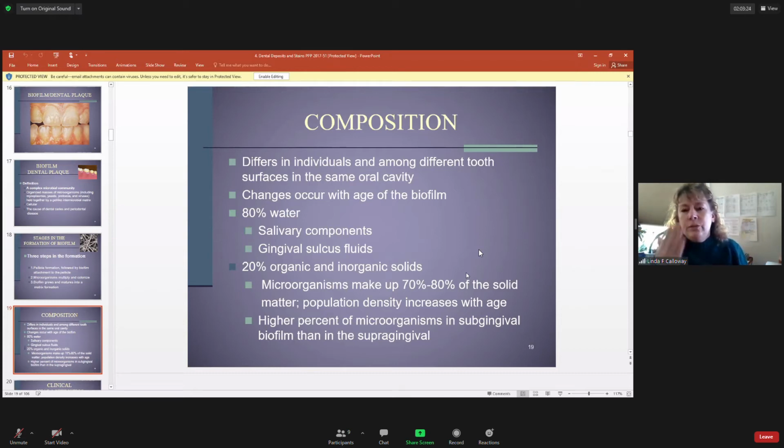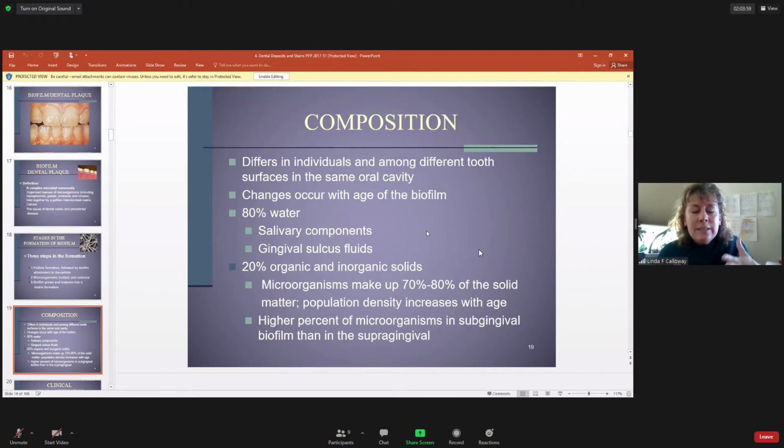The higher percent of microorganisms is in subgingival biofilm than in supragingival. So once you go subgingival and you're looking at biofilm, the percent of microorganisms is higher. That's why you try to keep pockets shallow, so that a shallow depth, 2-3 millimeters, can't hold as many microorganisms, because it's more disease causing, right? Think big picture here. The more microorganisms, the longer it sits there, the more it builds and becomes colonized and organized, the more disease causing it is.